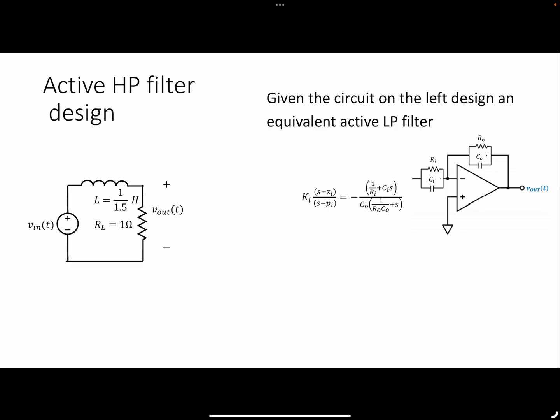All right, so let's say now, given that we have this low pass filter, let's design an equivalent low pass filter.